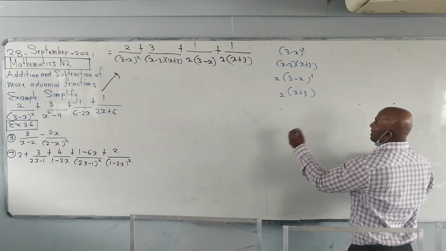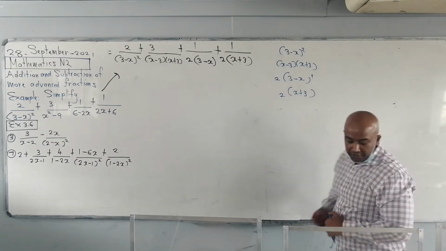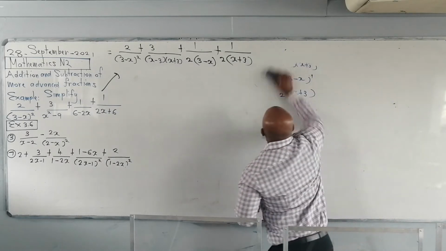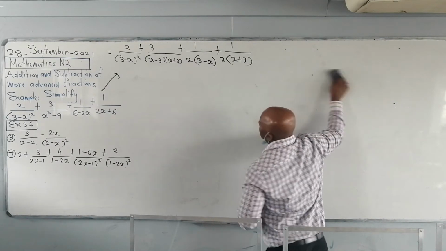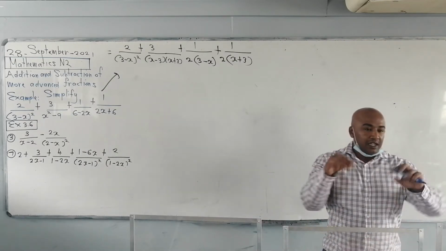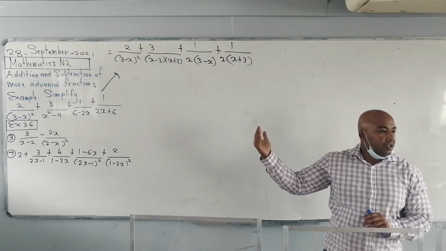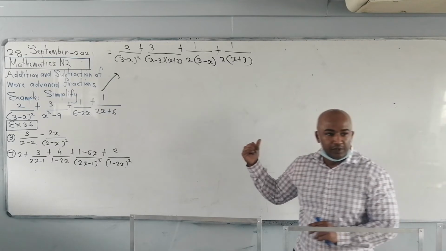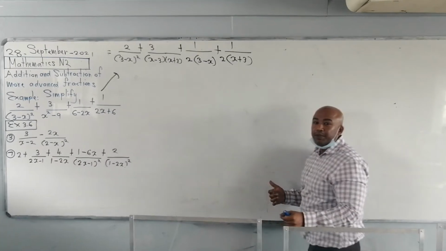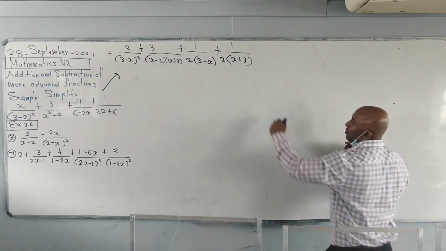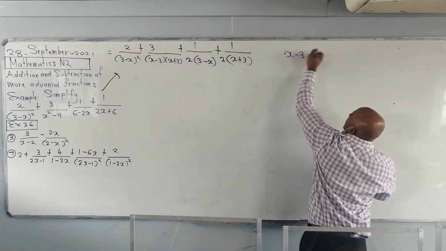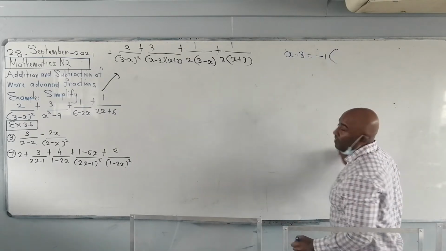So now, let me just erase this here so you're clear with what's happening. Now what I want to do is reduce the number of factors in the denominator when we finally do it. That's what I want to do now. So if it can be reduced, do it in the beginning, it's going to work out nicely. So I want to take the x minus 3, take out minus 1 as a common factor.